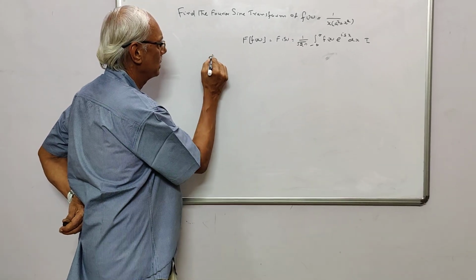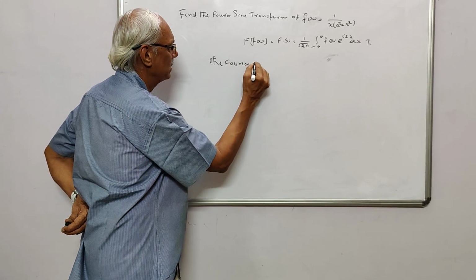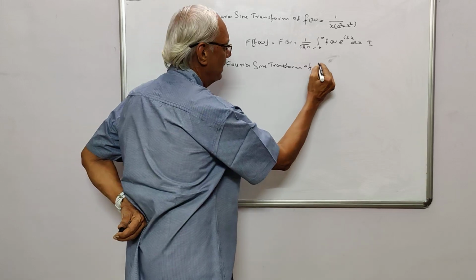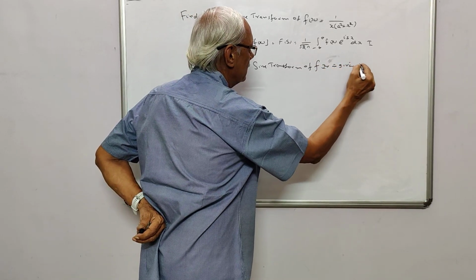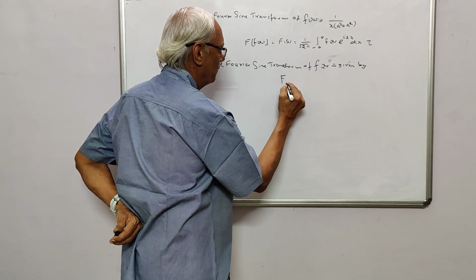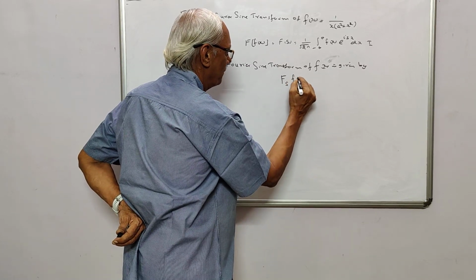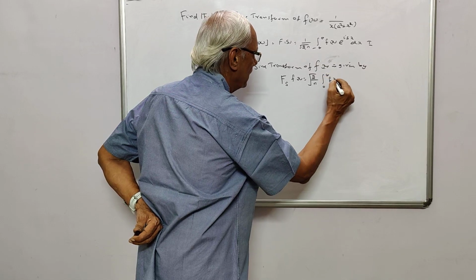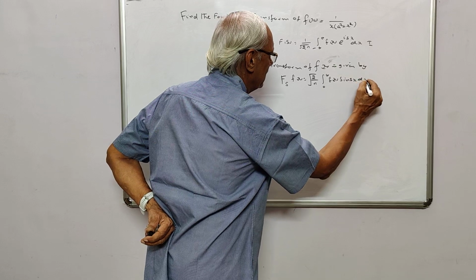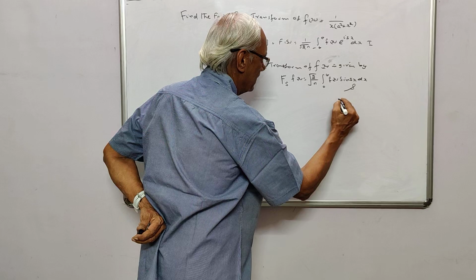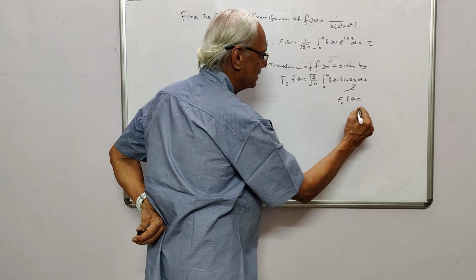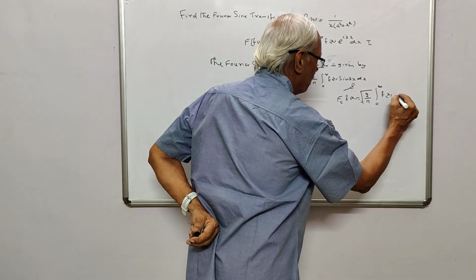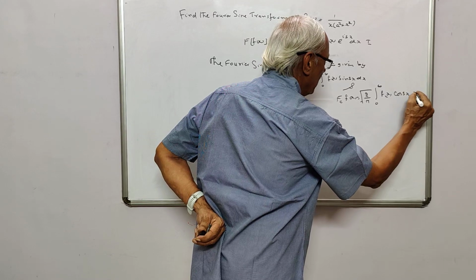The Fourier sine transform of f of x is given by, S stands for sine, Fs of x is equal to square root of 2 by pi integral 0 to infinity f of x sine sx dx, and Fc of f of x is given by 0 to infinity f of x cos sx dx.